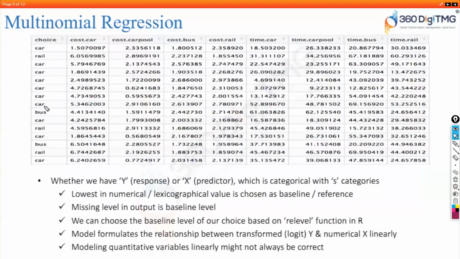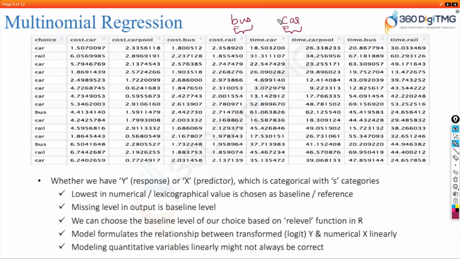And you might say, hey, do you know what? We also have bus. And B comes before C. But then why is bus not considered as a baseline level? And why is car considered as a baseline level? This might be a question. So car is considered as a baseline level because you don't just look at the first alphabet.